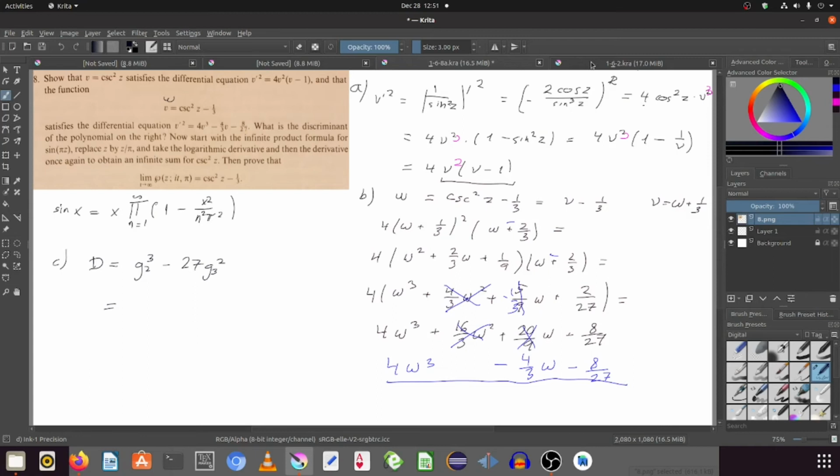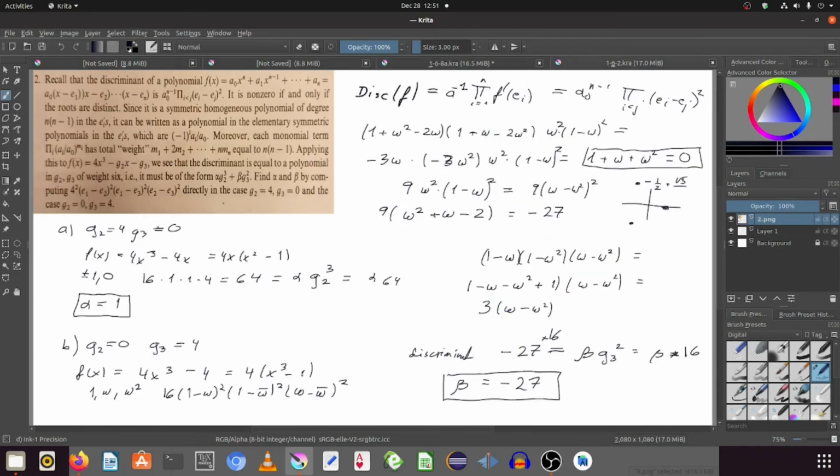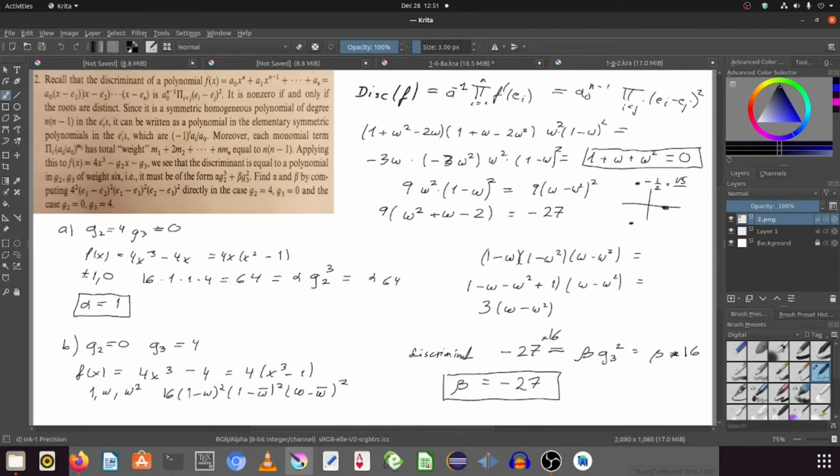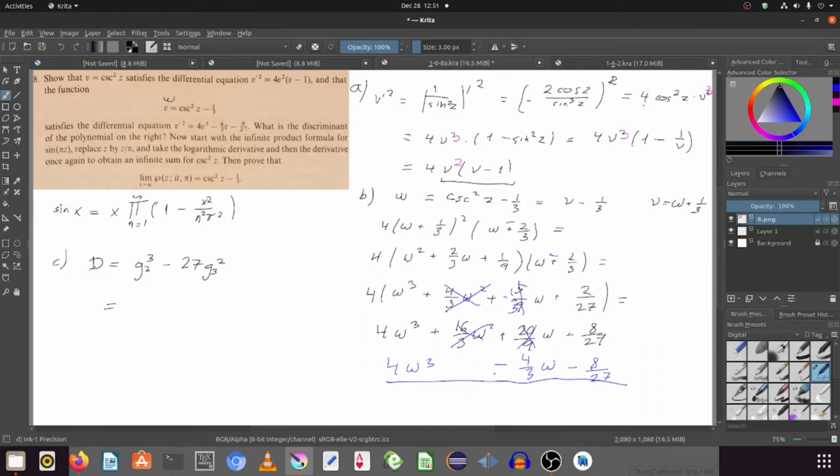Oh, we just have to check the form here. It was 4x to the third minus g2 x minus g3. So we actually have to have it in this exact form. I just check once again. Yeah, we have written it in the correct form.